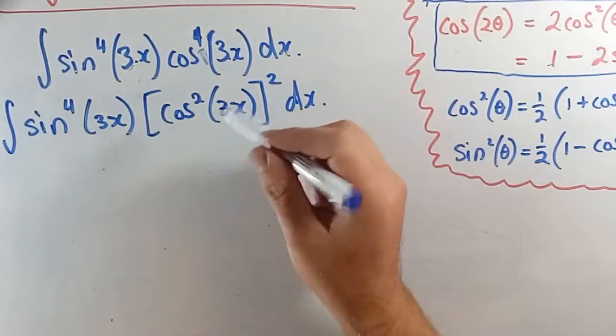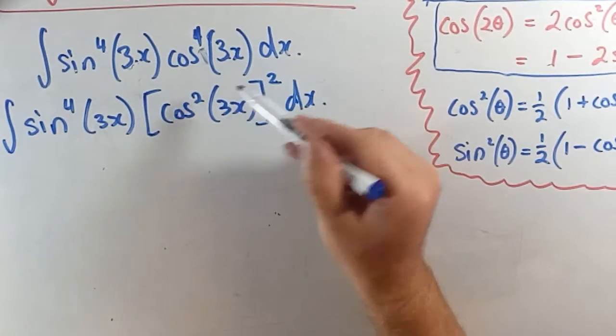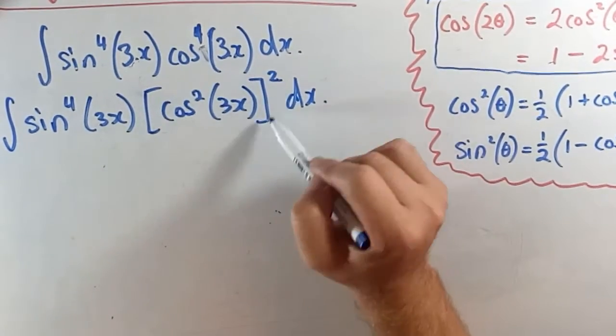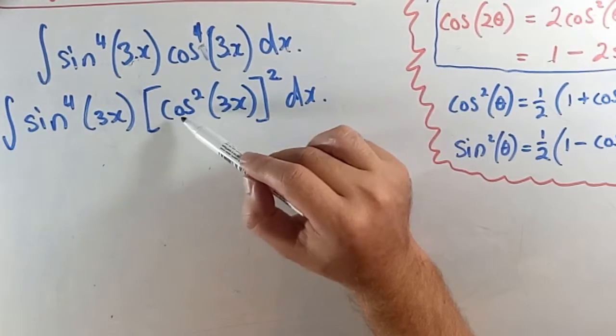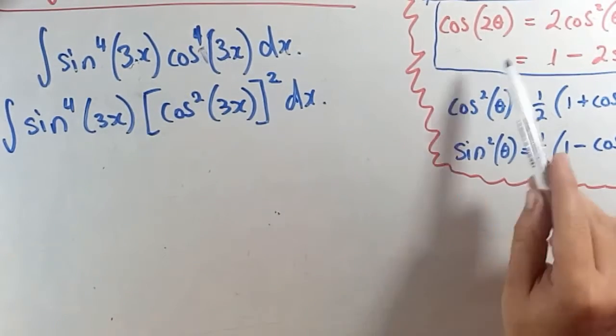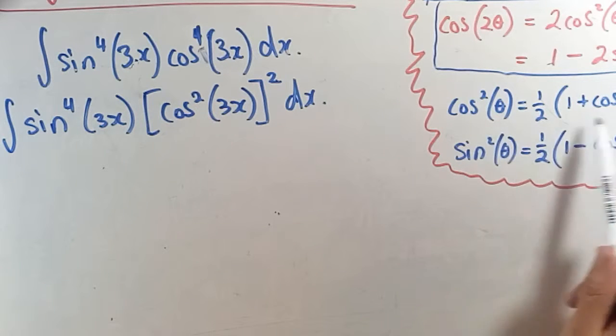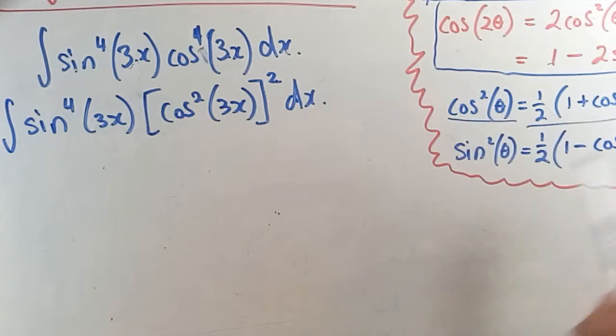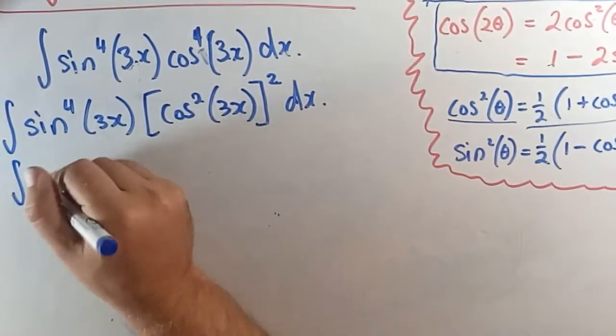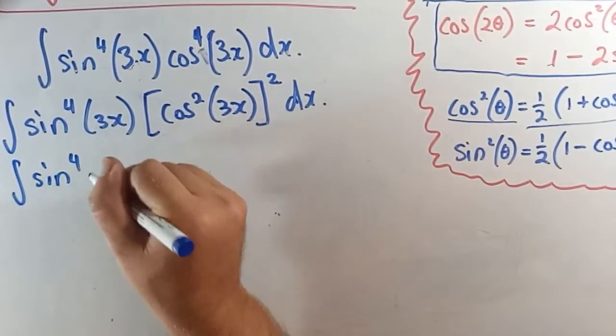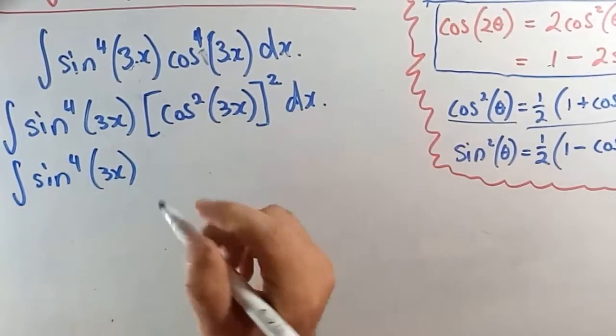Okay, so I've taken out the square from this bracket. So now I'm using this. I've got cos squared. Now I know cos squared because I already rearranged it here to get in terms of cos 2 theta, because I knew that I was going to struggle to do that on camera. Okay, so let's go: sine to the 4 of 3x.